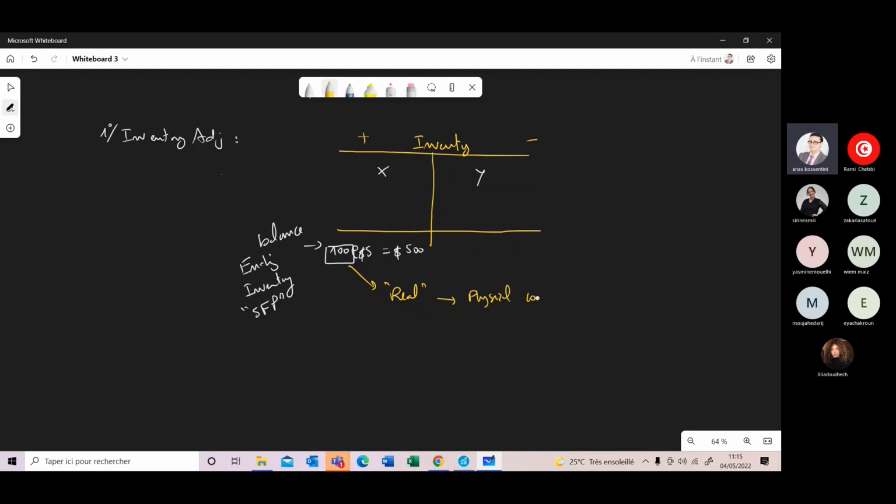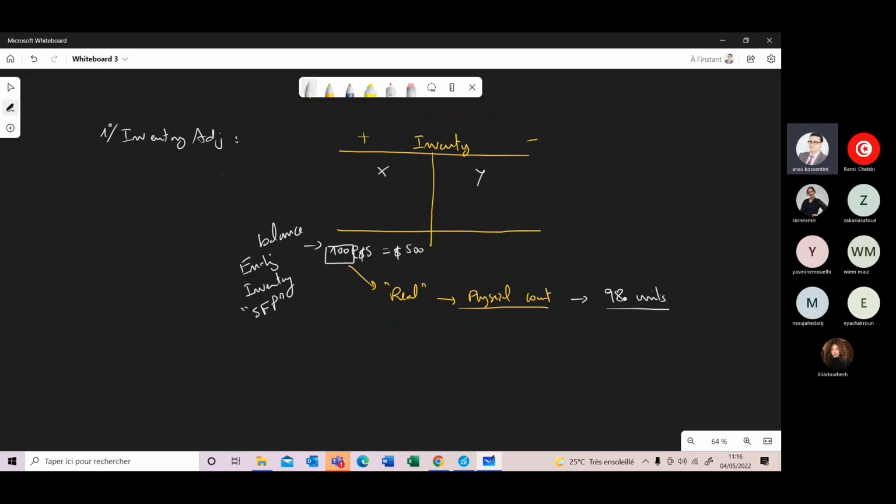When doing the physical count, as simple as that, we physically compute the number of units existing. For example, the physical count report shows that 98 units are on hand.